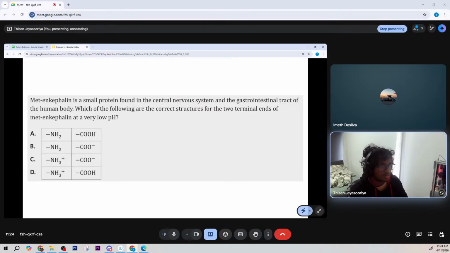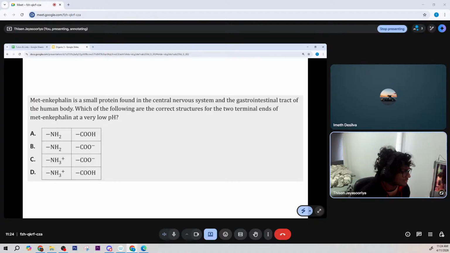So here, met-enkephalin is a small protein found in the nervous system and the gastrointestinal tract of the body. Which one of the following is correct about the structures of the two terminal ends of the met-enkephalin? I don't know how to say that. At a very low pH. So what's happening to this at a very low pH?